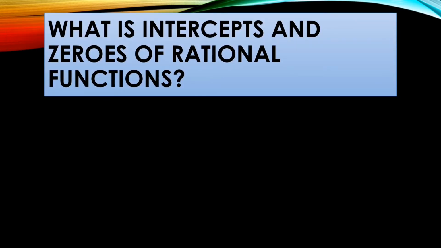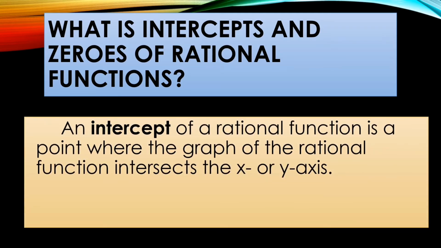So what are intercepts and zeros of rational functions? An intercept of a rational function is a point where the graph of the rational function intersects the x or y axis.